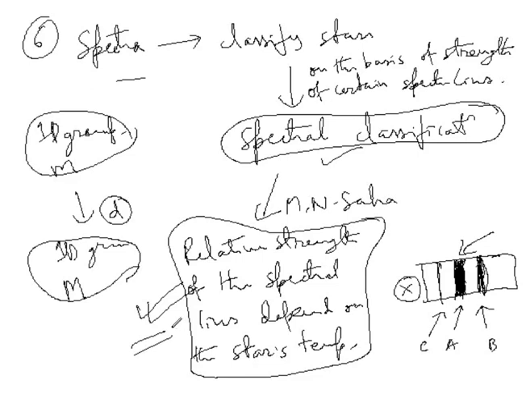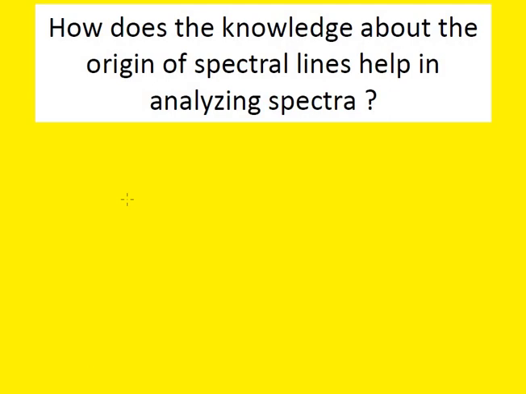But first, let me talk about the different things. What I want to know is that we have done some sort of analysis of a star spectrum. Now, we have a very basic question here.